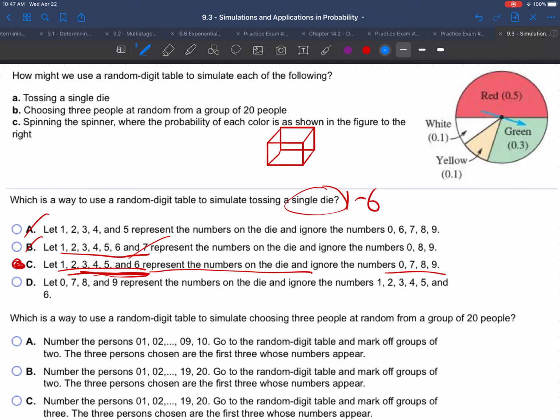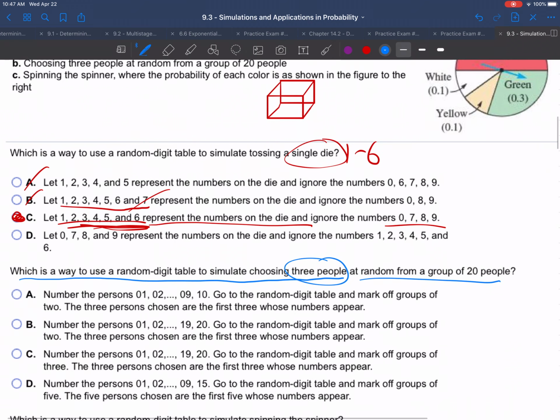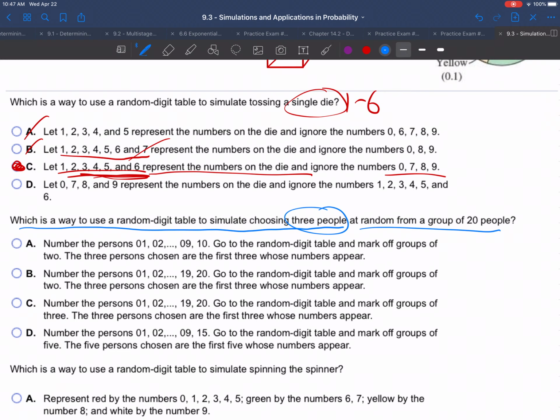So next question. Which is a way to use a random digit table to simulate choosing 3 people at random from a group of 20 people? So we're talking about how you can simulate. It's a lot of what we do in the world of probability.